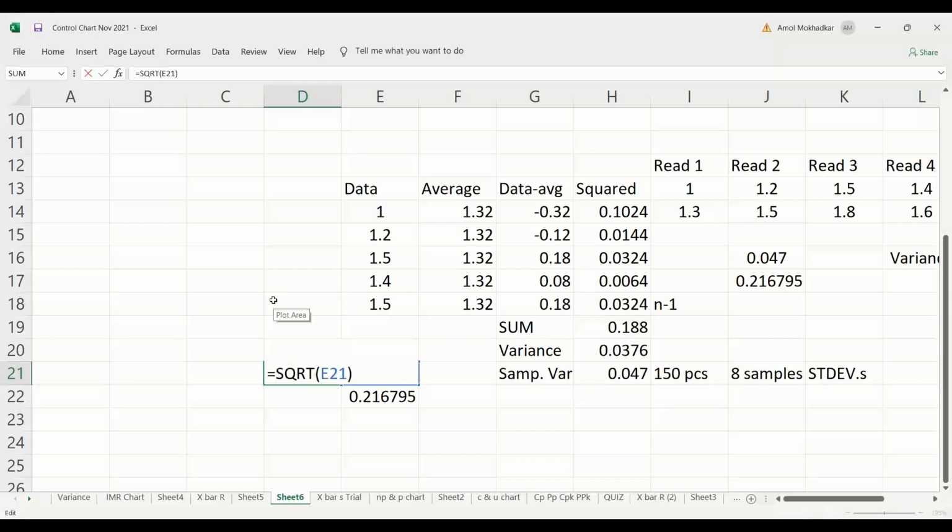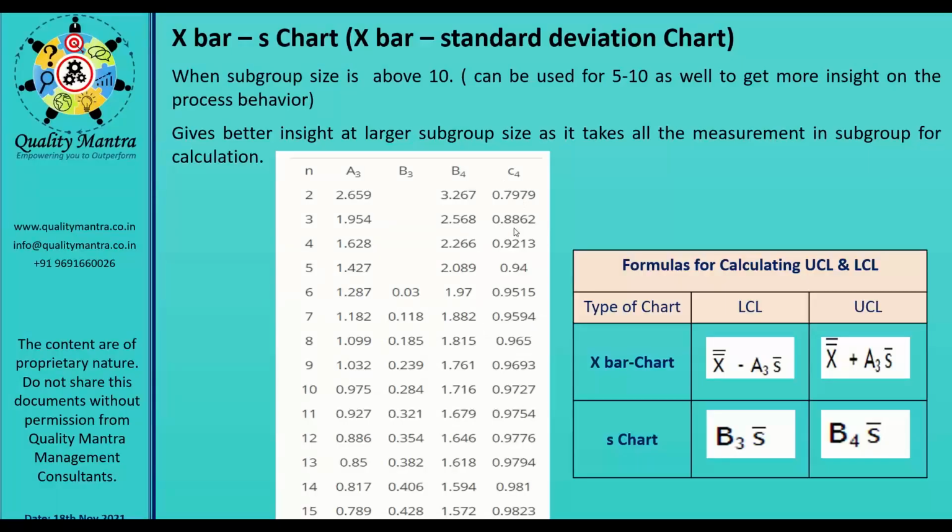Okay. So now we will go to the presentation and come back again to the Excel sheet to prepare the data. Like the X bar R chart, the X bar S chart is based on the subgroups. These are the formulas. There are different constants: there you use A2 and D4, here D3 and D4, and here you use the constant A3, and B3 and B4.